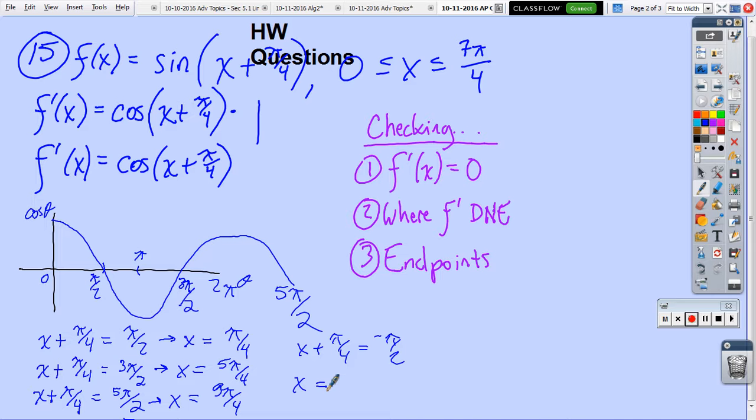So it's not going to work, but it would be negative 3 pi over 4. So just make sure you list enough and say, okay, the ones that I don't care about are this one, that's outside the interval, and this one. So I know I covered all the ones that are inside the interval, right?